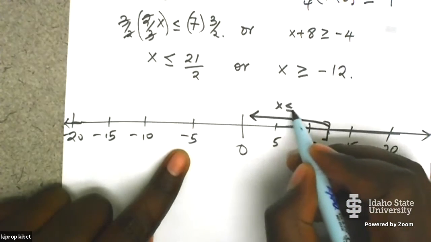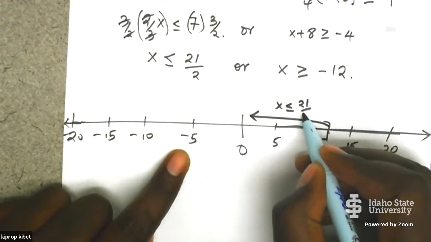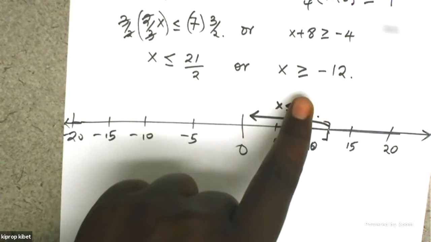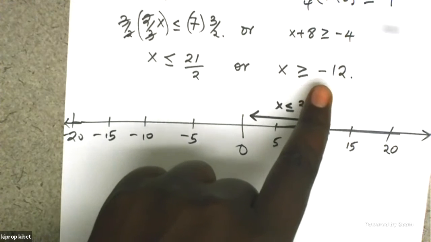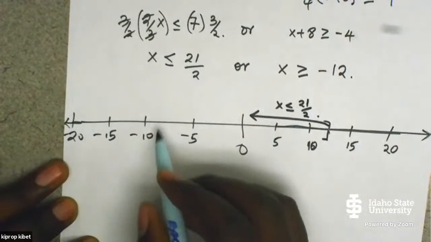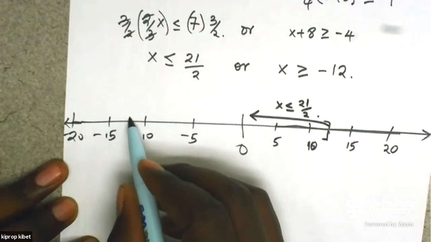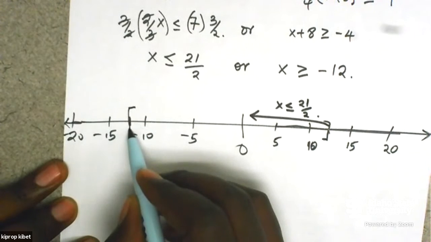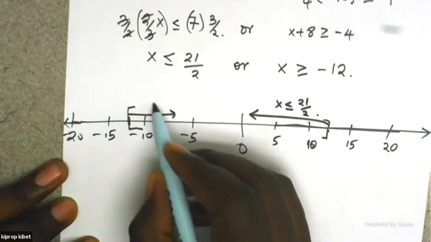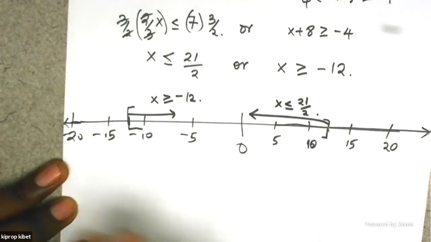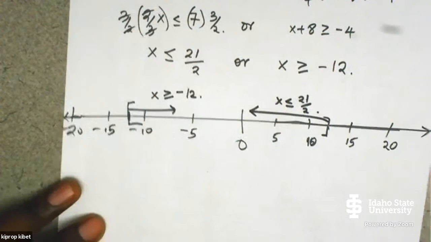So x less or equals to 21 over 2. Then x is greater or equals to negative 12. So we can take negative 12 as here, and it is greater or equals to negative 12, so it is going in that direction.